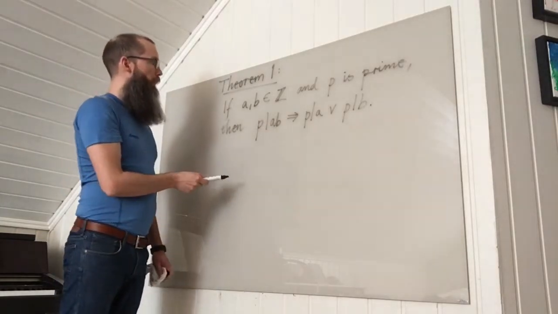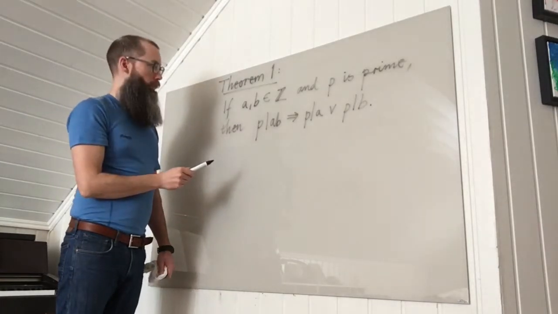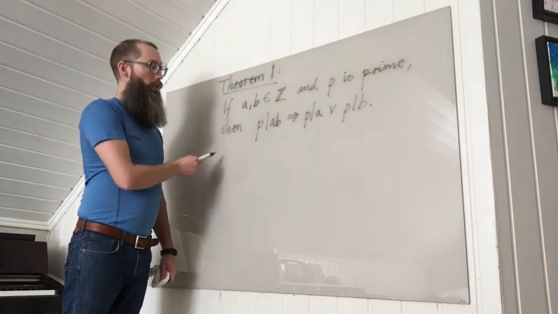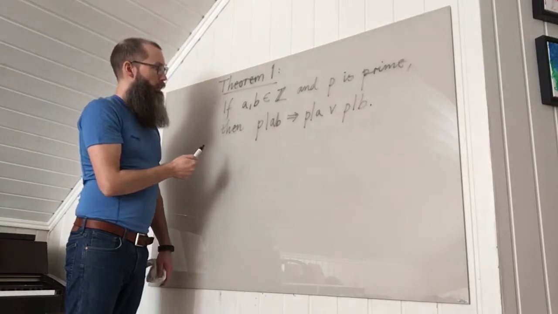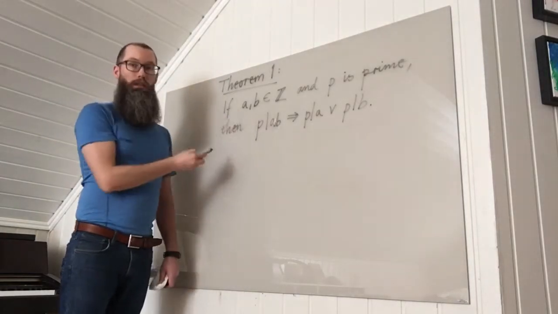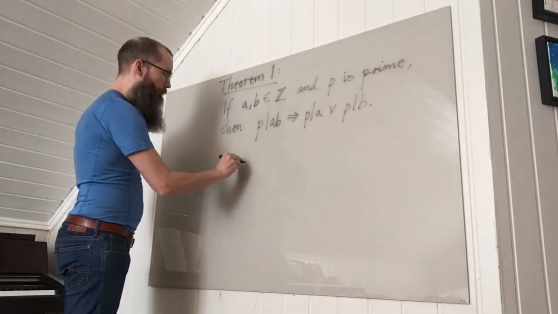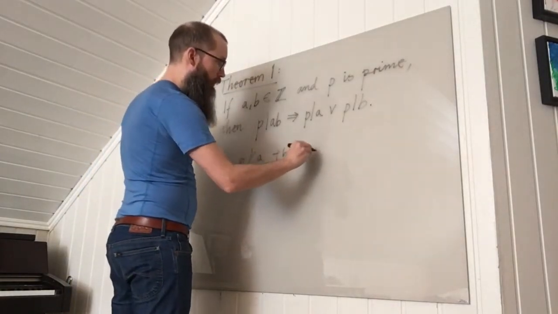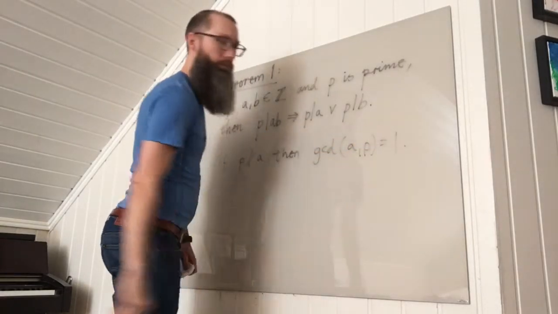That means that the greatest common divisor of p and a is 1, because the only divisors of p are plus minus 1 and plus minus p. So if p is not the greatest common divisor, then 1 is the greatest common divisor. So if p does not divide a, then the greatest common divisor of a and p is 1.